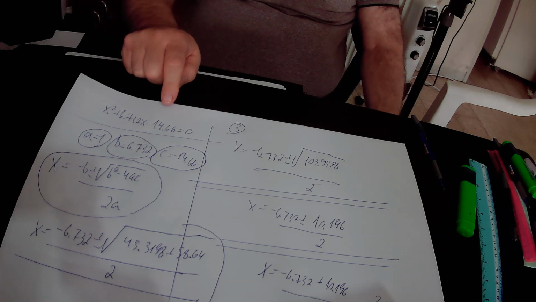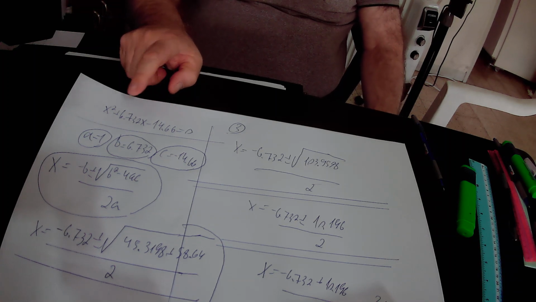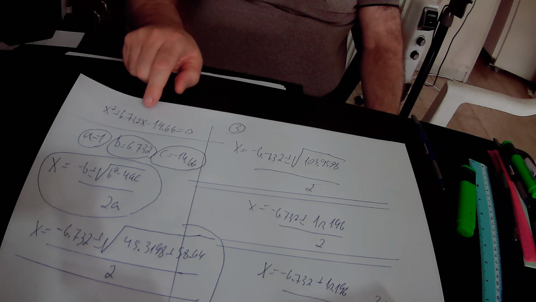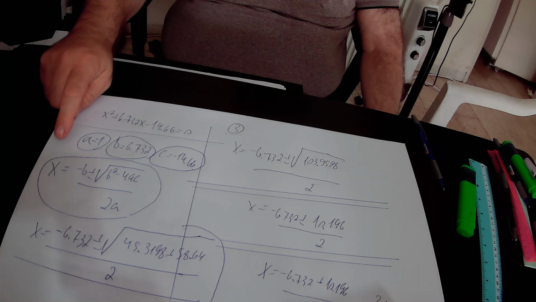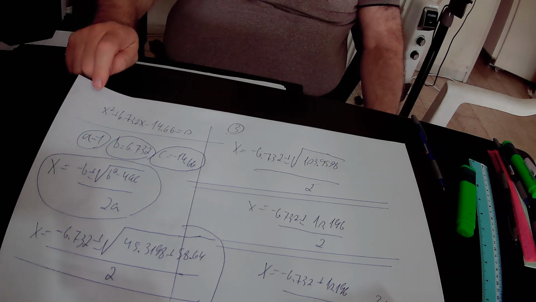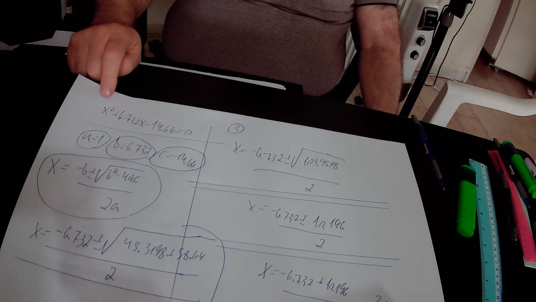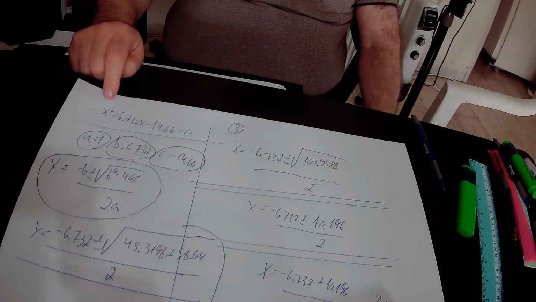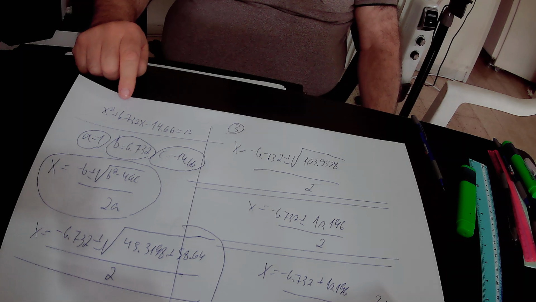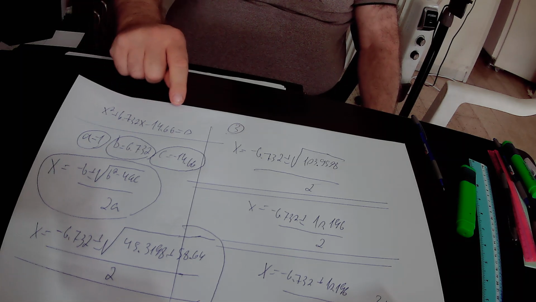Now we just have to put the values of a, b, and c of our specific equation into this general formula for x, in order to find the values of x for our specific quadratic equation, x squared plus 6.732x minus 14.66 equals 0.